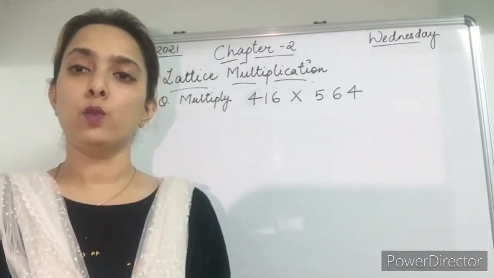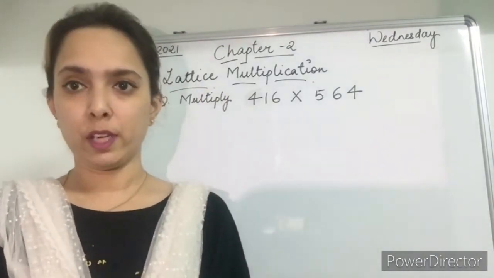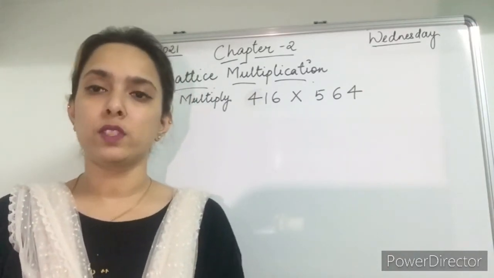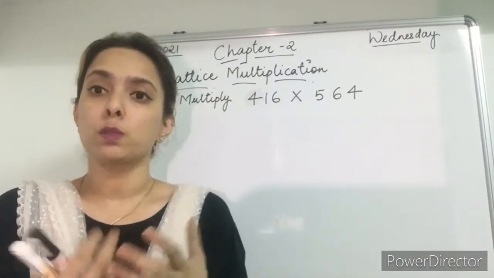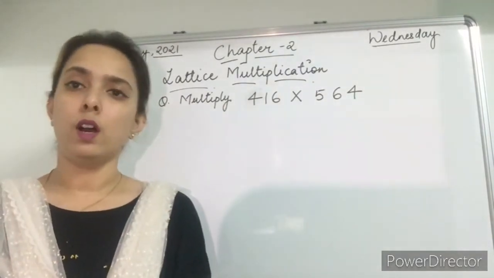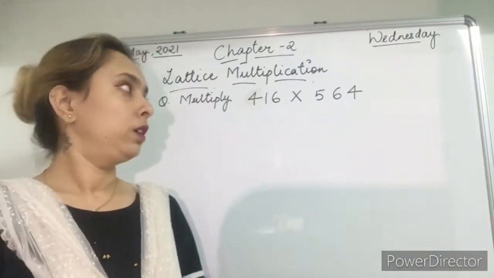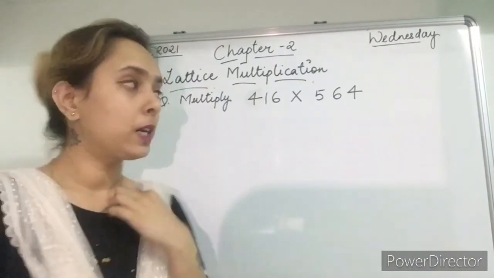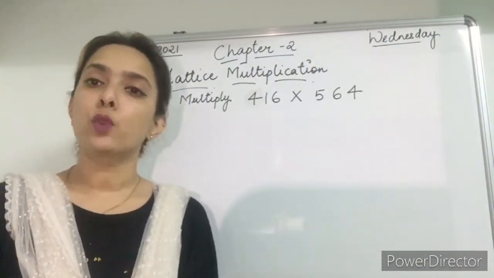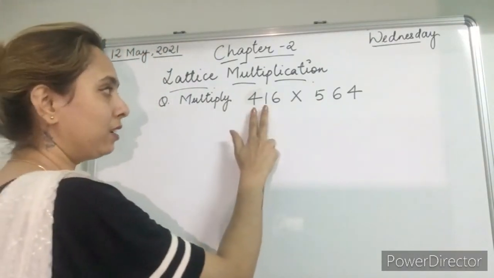Next, another way of multiplication is the lattice multiplication method. We call it lattice multiplication, or another way of saying it is the box method of multiplication. The lattice method is also a way of multiplying two numbers. Here you can see that the multiplicand and the multiplier both have 3 digits.